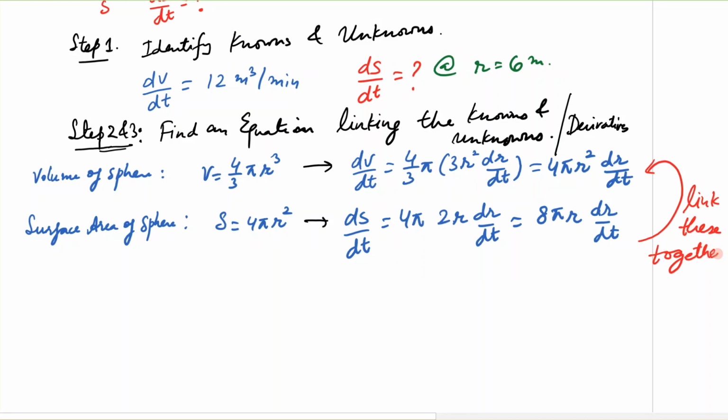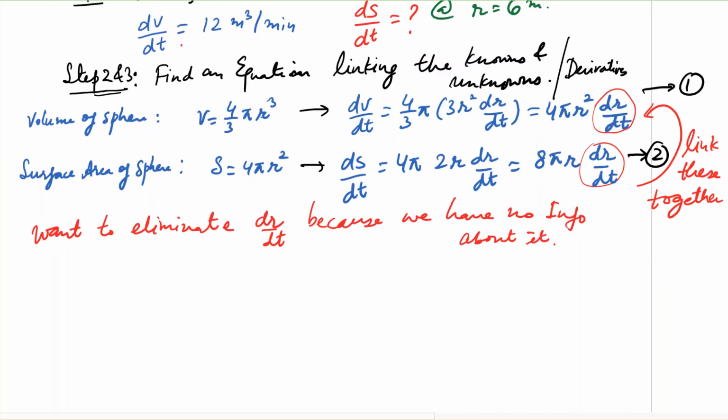In order to link them together, we notice that we have dr over dt here and dr over dt here. Also, we have no information in step 1 about dr over dt. So it means we need to eliminate dr over dt. I'm going to name my equations 1 and 2 here. I'm going to solve the first equation for dr over dt.